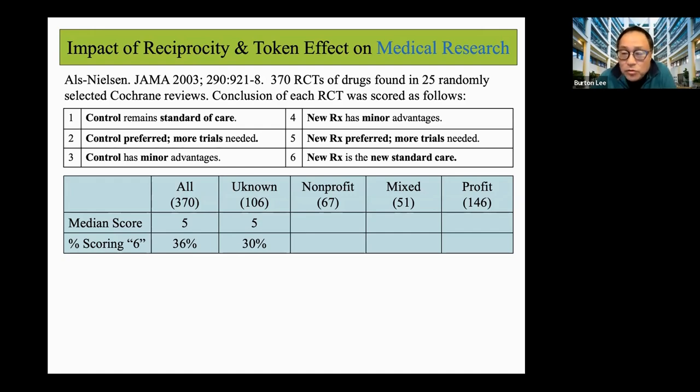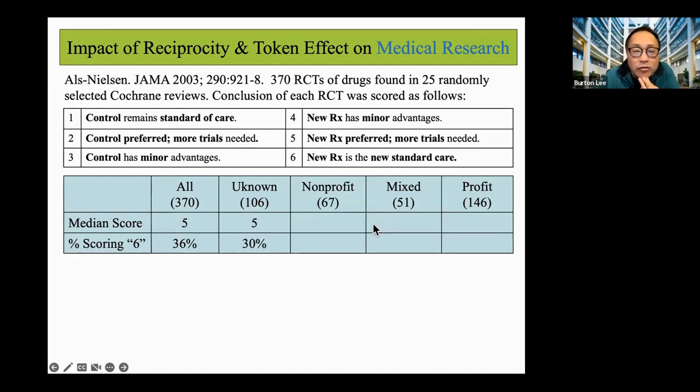So in systematic reviews, they're able to compare some randomized controlled trials against others that are examining the exact same PICO question. Okay, so the same subject matter, but they're able to divide them into randomized controlled trials that were shown to be nonprofit supported, profit supported, in other words, a drug company, for example, or some mixed funding.